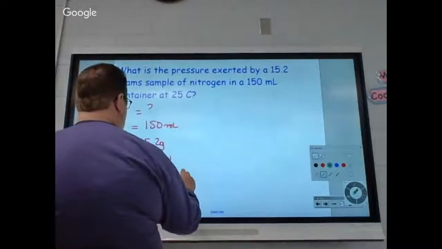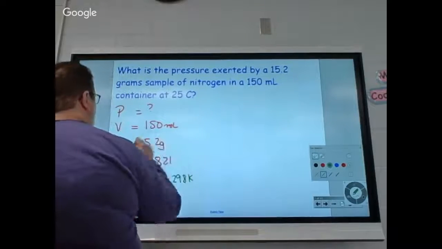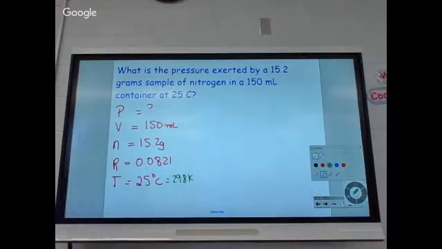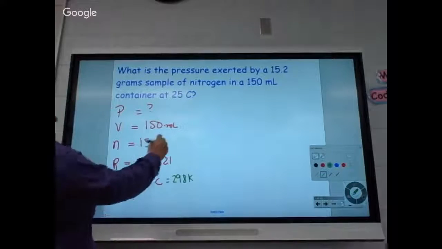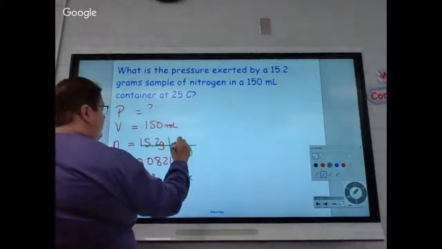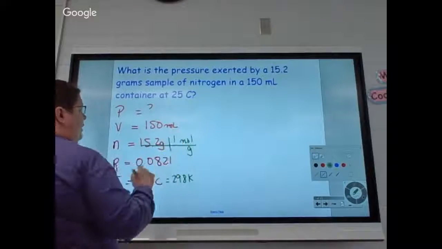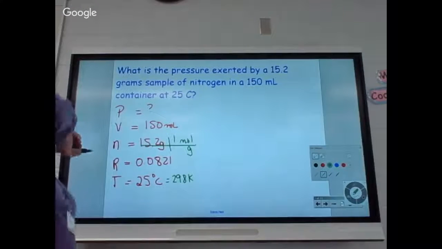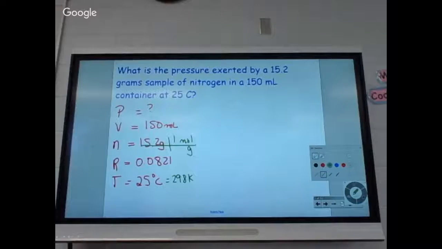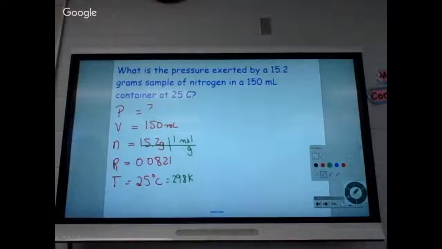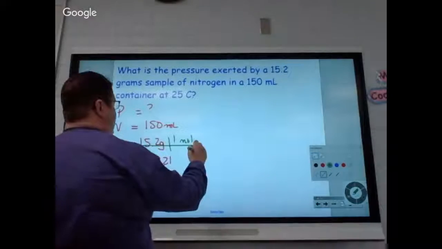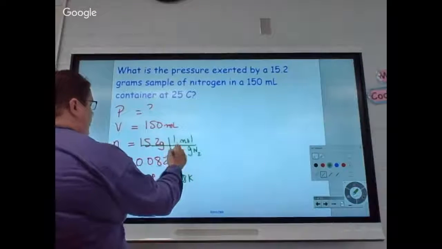So 298 K. And then the grams, can I leave grams next to moles? Nope, so I've got to change it. So grams to moles. Is nitrogen diatomic? Yes. So nitrogen has N2 for a formula. So it has a mass of 14 times 2, which is 28.